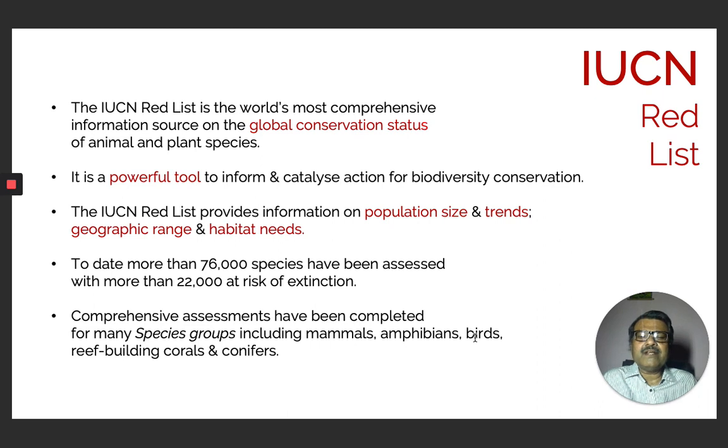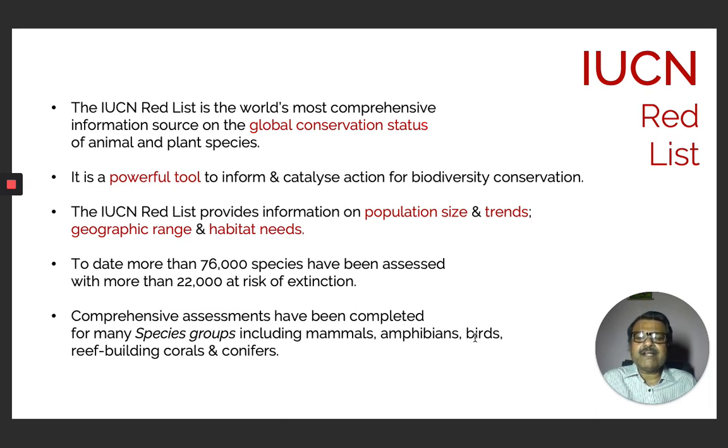The IUCN Red List provides a lot of information, including population size, the trend, whether it is increasing or decreasing, the geographical range, that is the extension or distribution of the species, and the habitat requirements of the species. All such information is also available in the Red List.